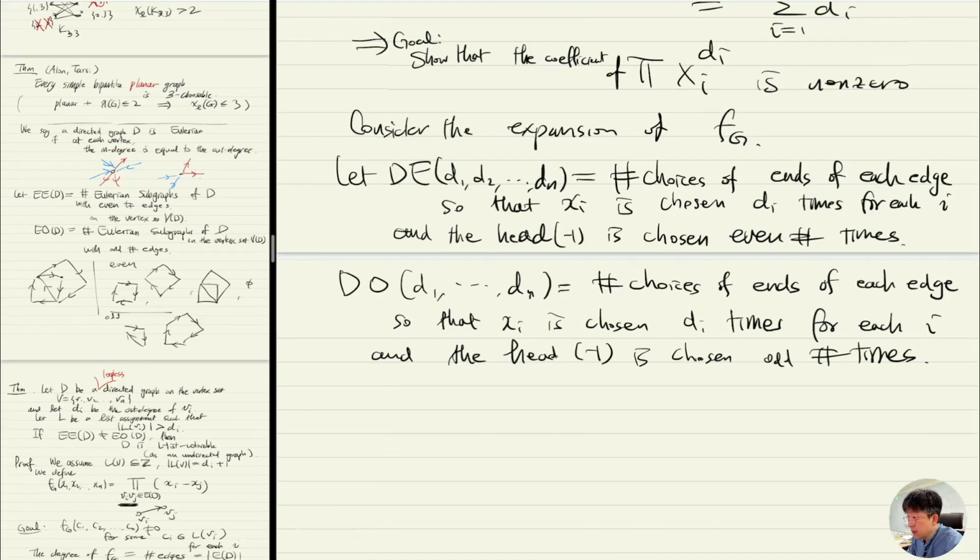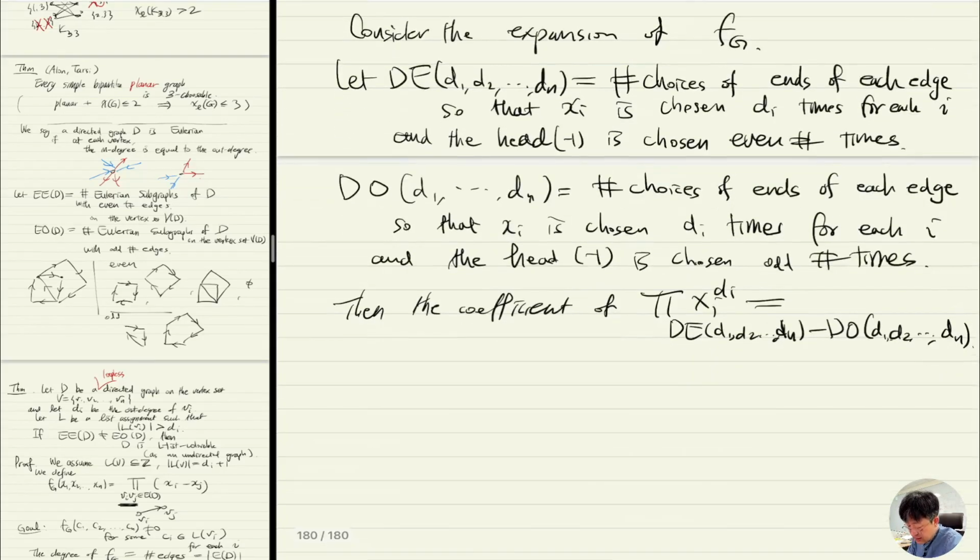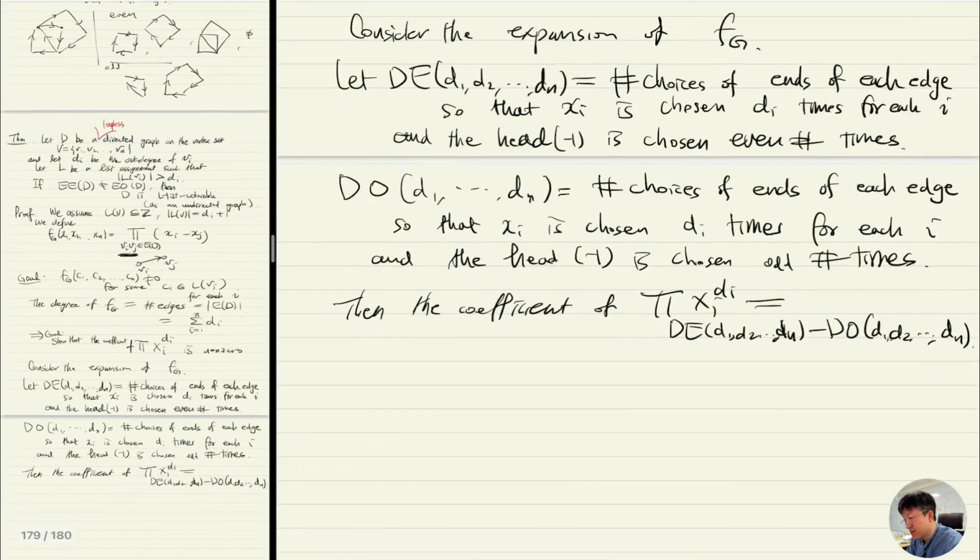All right, then the coefficient of the product of xi to the di is equal to dE of d1, d2, up to dn minus dO of d1, d2, up to dn. So we need to show that this difference is non-zero.